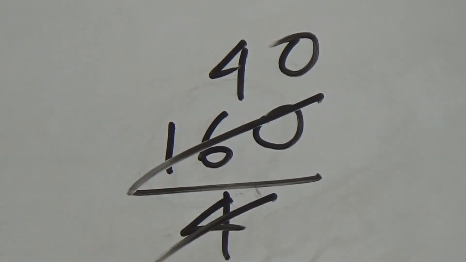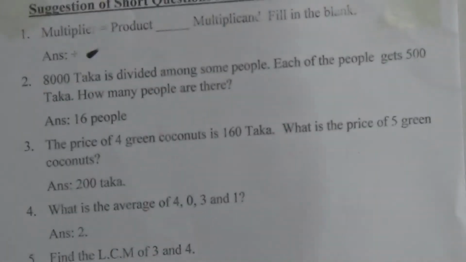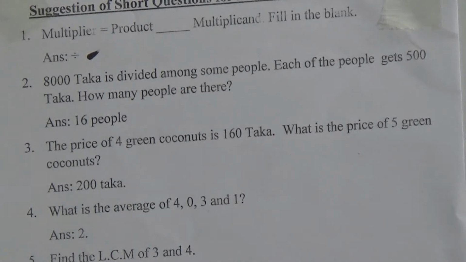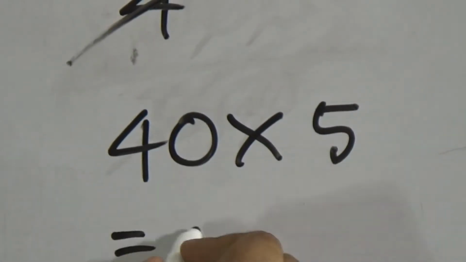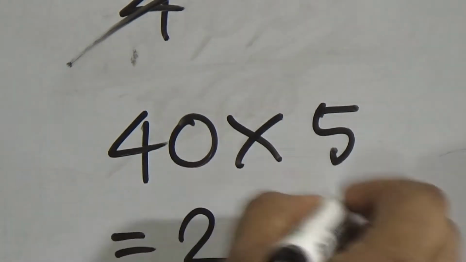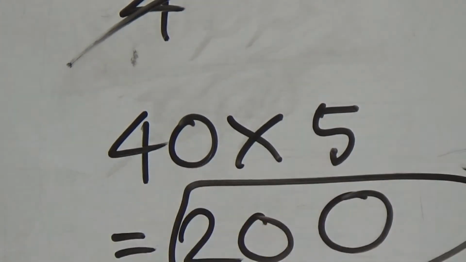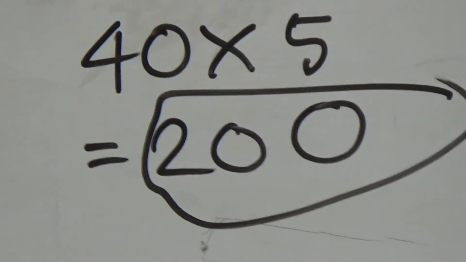Okay, 40 is the price of 1 green coconut. Then from this we can easily find the price of 5 green coconuts. That means we multiply 5 with 40 and we get the price of 5 coconuts. That means 5 4s are 20 and this 0 is placed here. So 200 taka is the answer to this question.